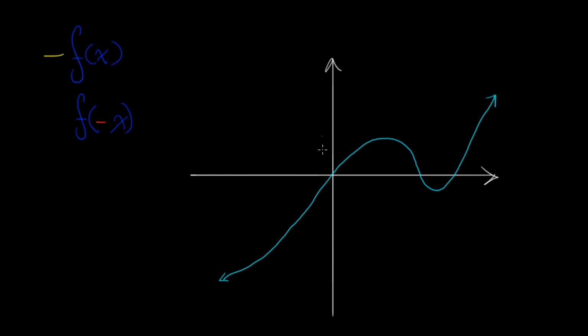So a flip around the x-axis, if we multiplied the equation of this graph, everything by a negative, we would flip it around the x-axis, and we would get, it's called a reflection, so it's going to reflect each other about the x-axis. So this is negative f of x, and I'll just say this is f of x.